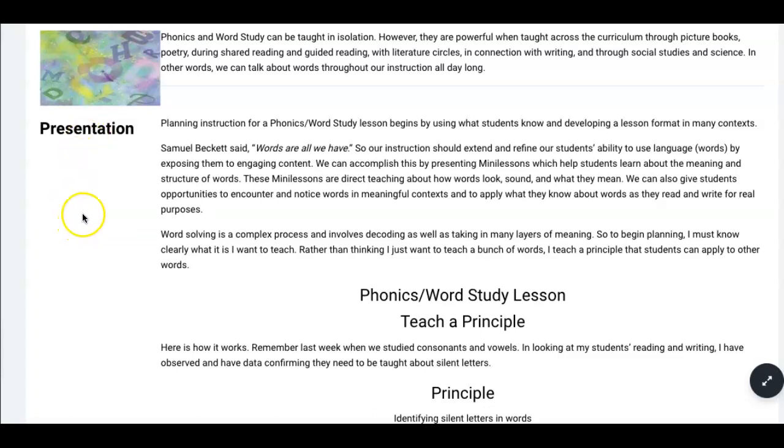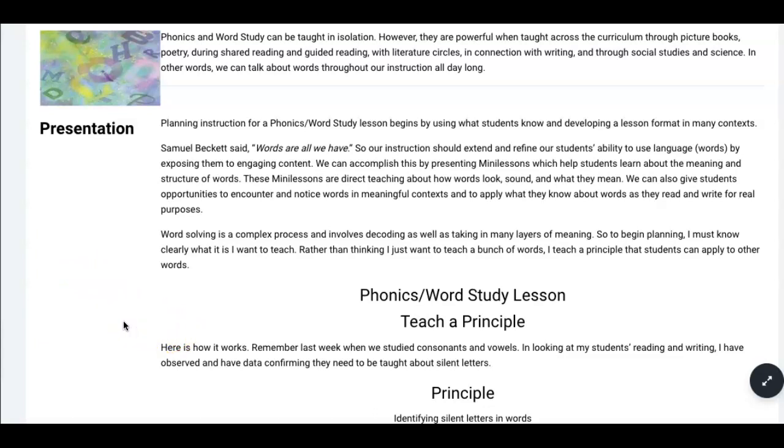Planning instruction for phonics and word study lessons begins by using what students know and developing a lesson format in many contexts. So, we want our instruction to extend and refine our students' ability to use language by exposing them to engaging content.